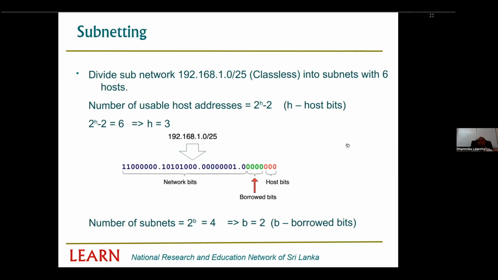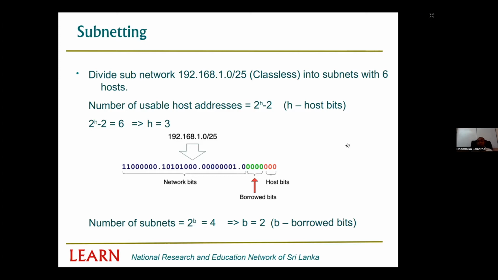The formula is 2 to the power h minus 2 for the number of usable host addresses, where h means the host bits. We know that there are two types of bits, network bits and host bits.